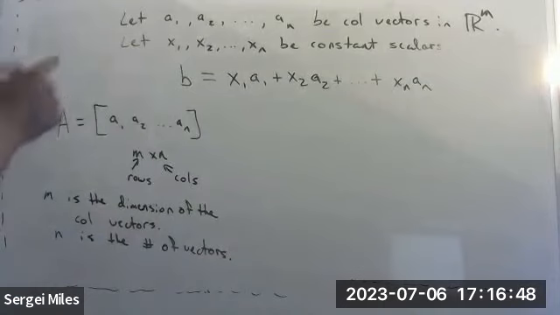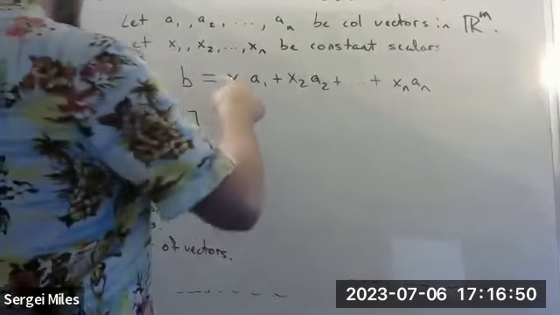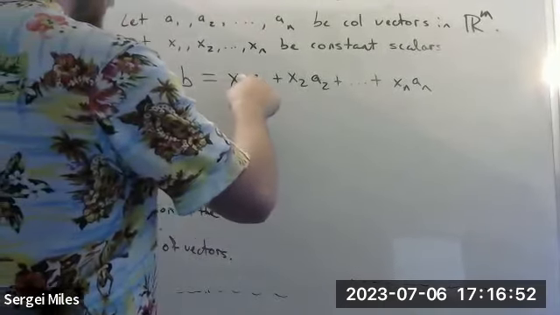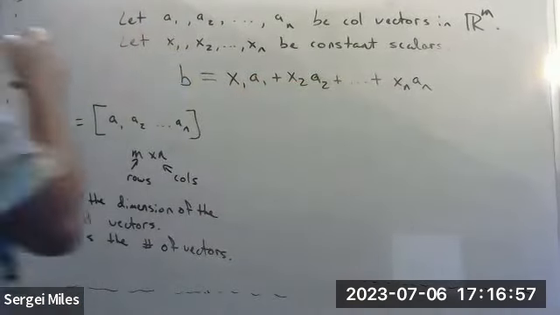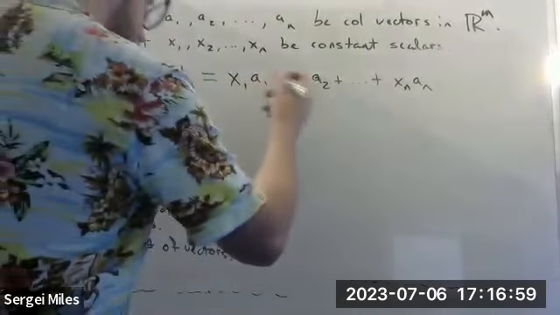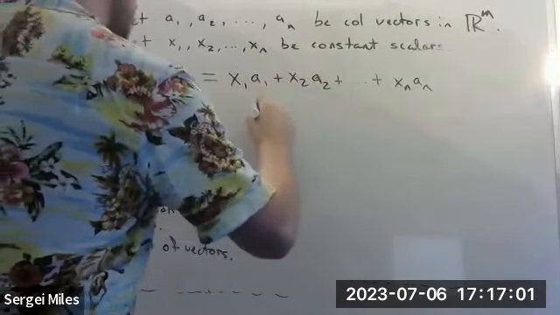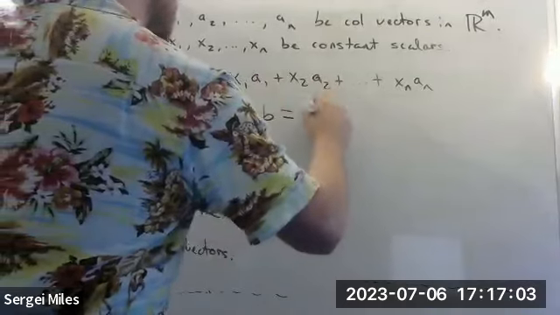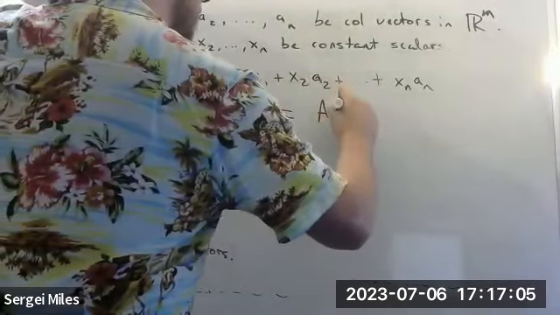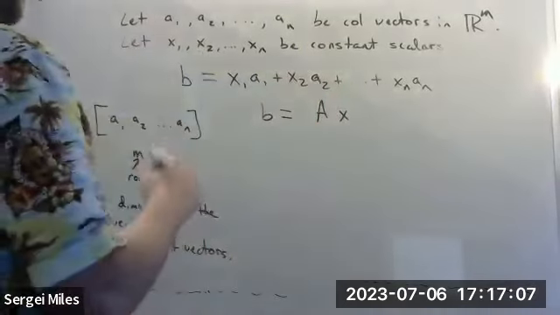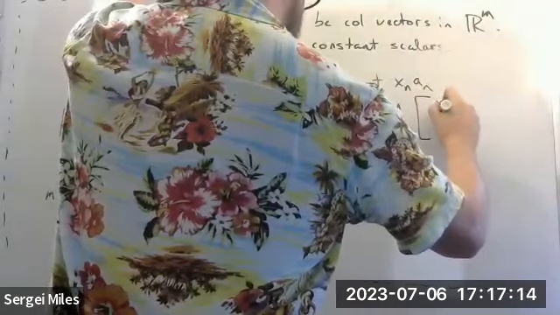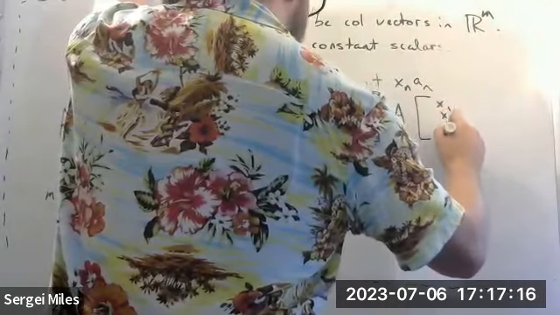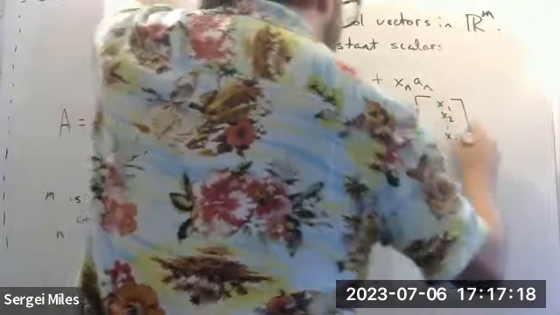So then we can rewrite this as a combination of the column vectors, but more specifically, I can redefine this as the matrix A times x, where x is a new column vector containing all of my scalars, right?